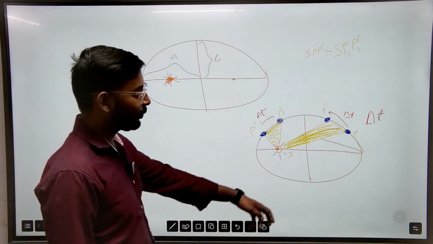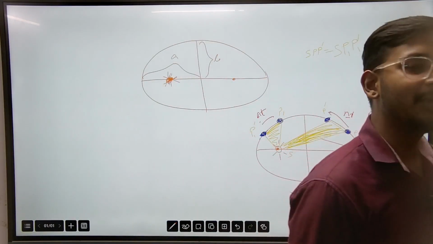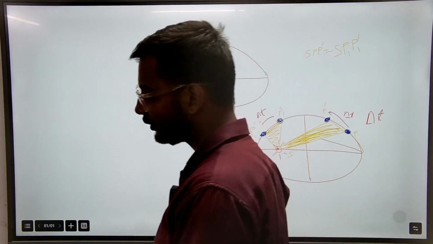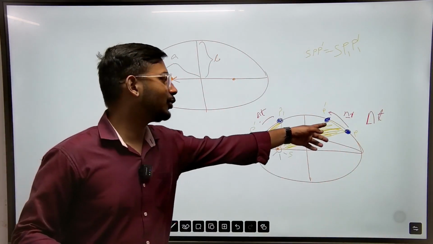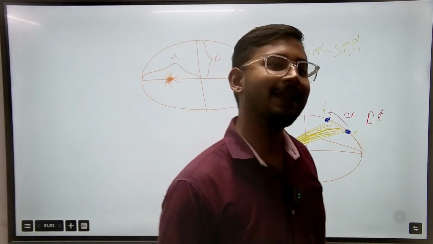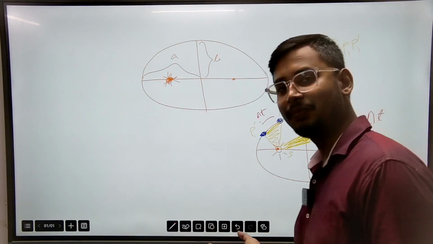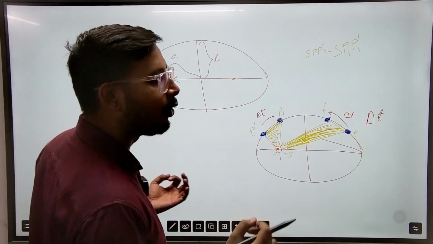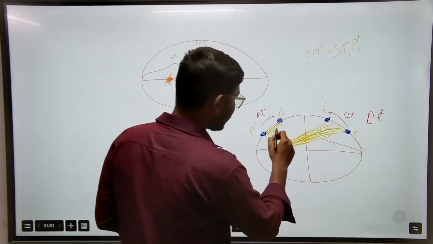तो यहाँ पे कोई भी पोजीशन हम लेंगे, अगर सेम इंटरवल ऑफ टाइम में एक प्लेनेट का पोजीशन कहां से कहां तक चेंज हुआ है, उन सभी का एरिया अब अगर हम लेंगे तो वो सब एरिया का वैल्यू हमेशा सेम होगा, इक्वल होगा. ओके, दैट इज कॉल्ड लॉ ऑफ एरिया.